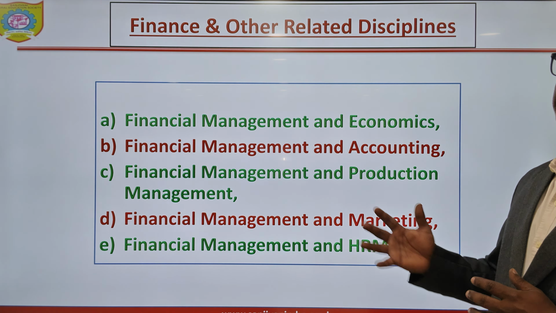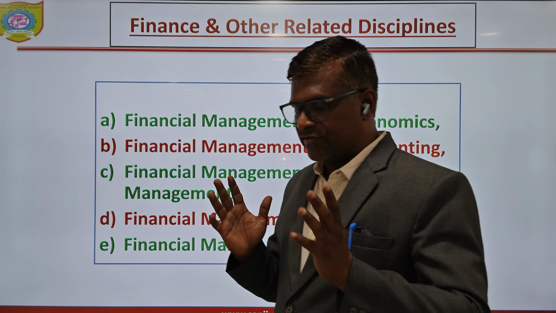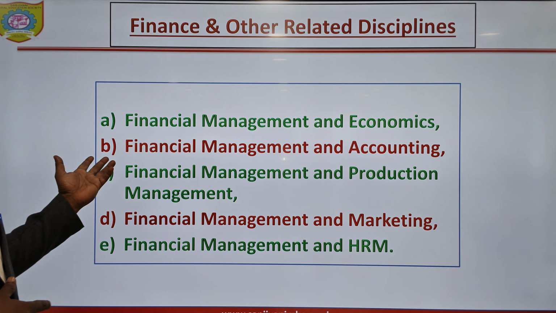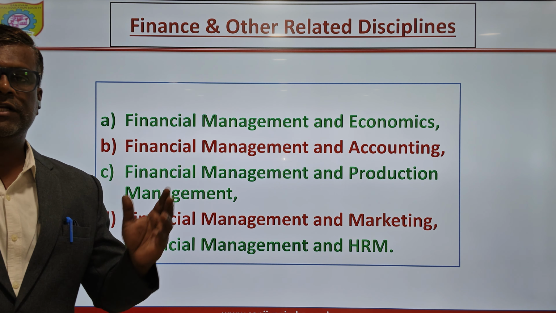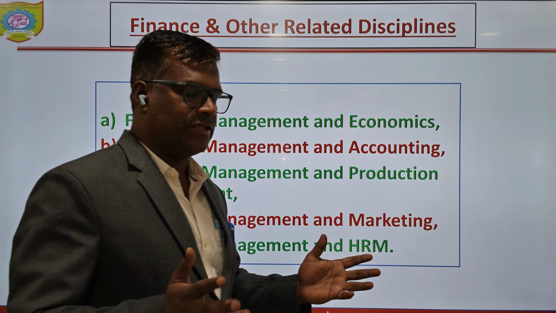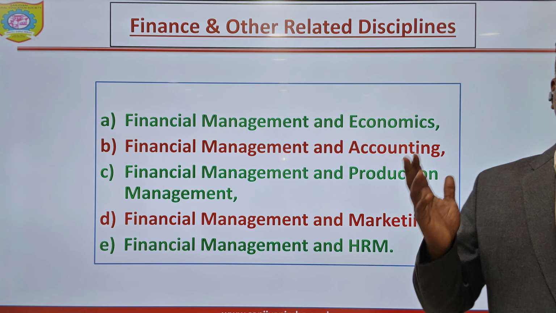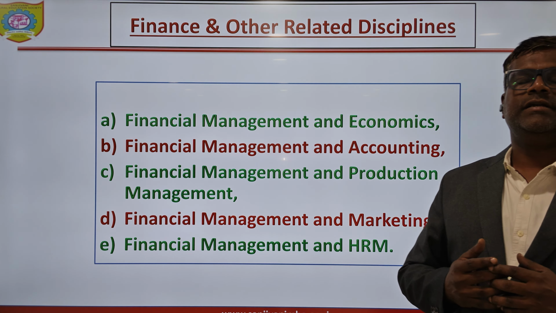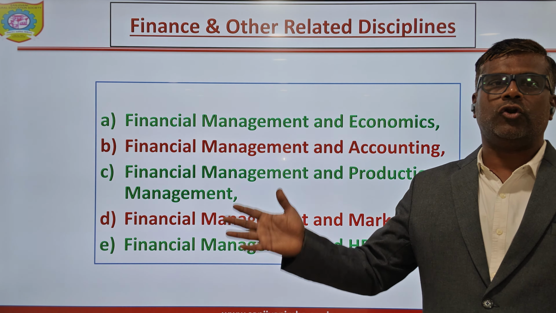Friends, we need to better understand finance and its relations with other fields of management. So, the relation of financial management and economics. As you all know, financial management is all about managing the funds efficiently and effectively, whereas economics is the science of how the economy is doing.